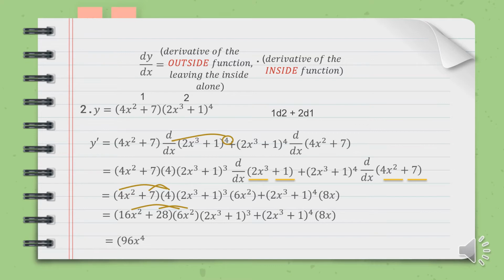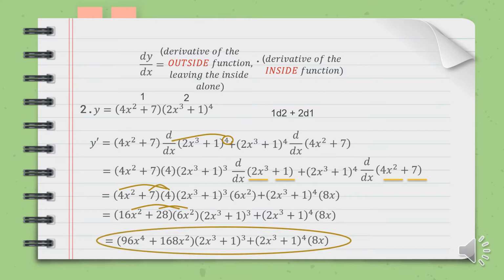So, pag multiply natin yan, ang sagot is 96x raised to 4 plus 168x raised to 2. Then, we'll copy the composite function given plus the composite function na nasa kabilang term multiply to 8x. So, it will be the derivative of our second given composite function.